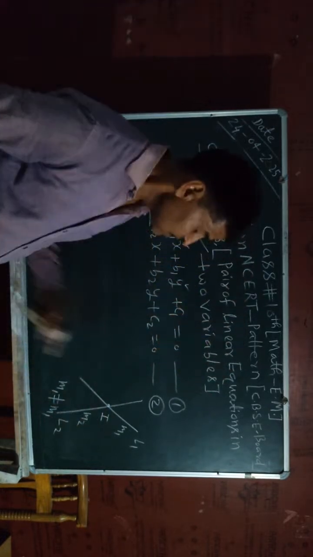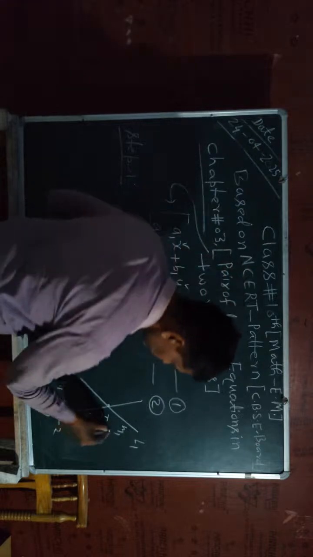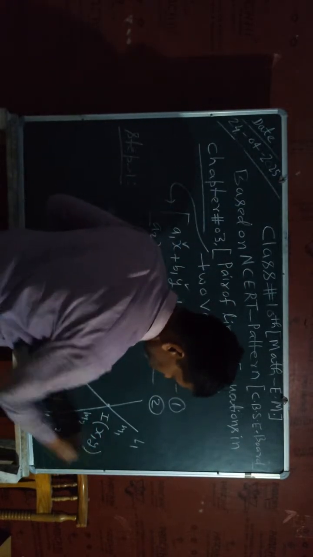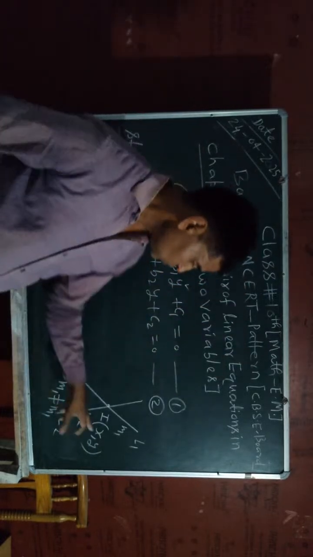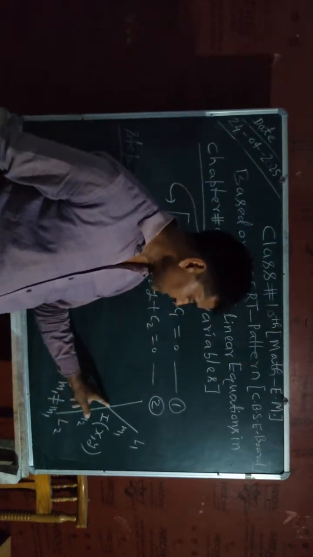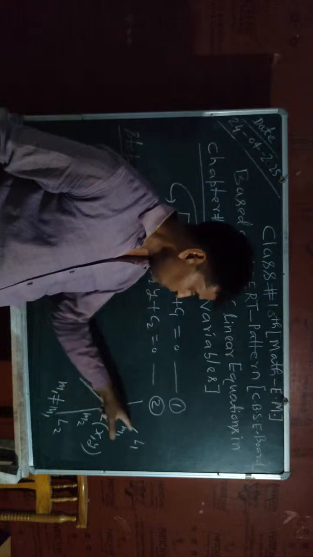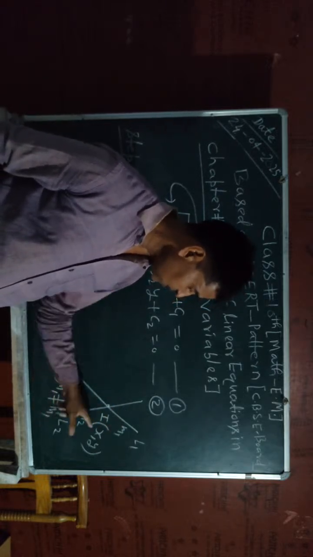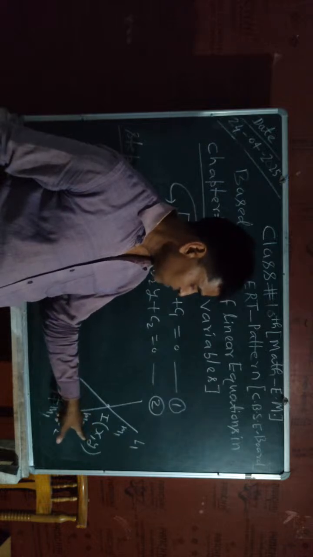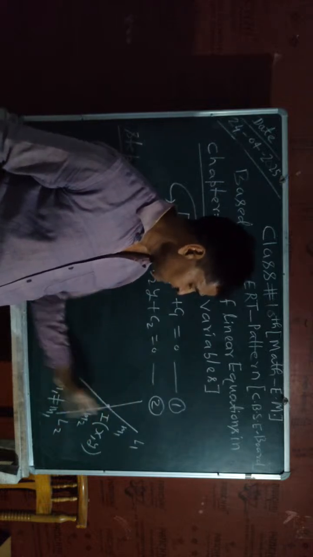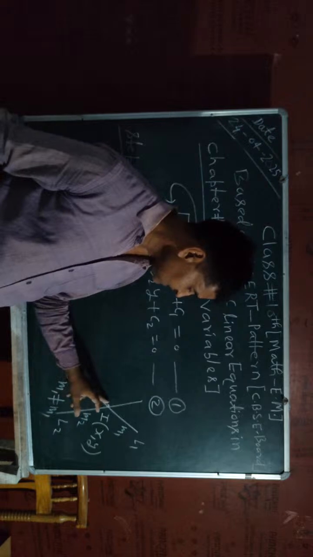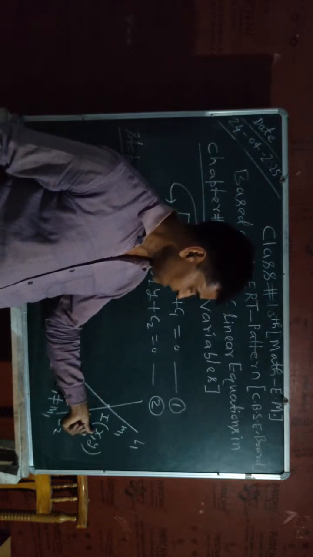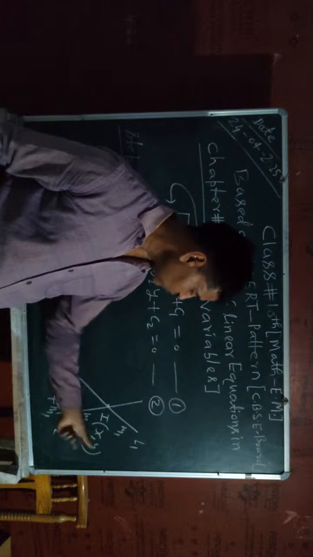The coordinates of that point are written as x comma y. When I solve line 1 and line 2, after simplification we will get the value of x and the value of y. It means both lines intersect at a certain real point, so I will get a real value of x and a real value of y.